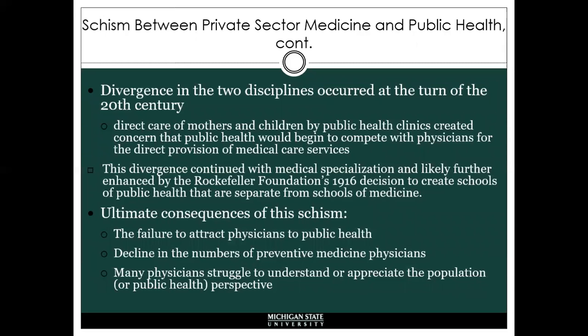So that was one issue that kind of led to the split between public and private health. Next, in 1916, the Rockefeller Foundation decided to create schools for public health. So that made public health schools separate from medical schools. So that sort of officially divided them.